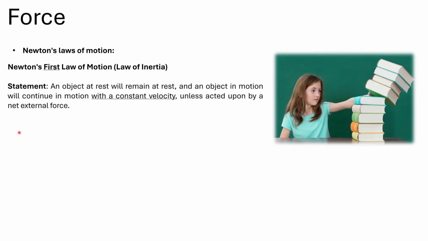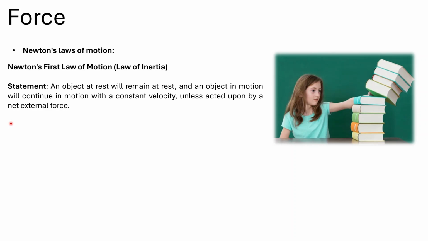Newton's laws of motion. Newton's first law of motion is also called the law of inertia. It states that an object at rest will remain at rest, and an object in motion will continue in motion with a constant velocity unless acted upon by a net external force.